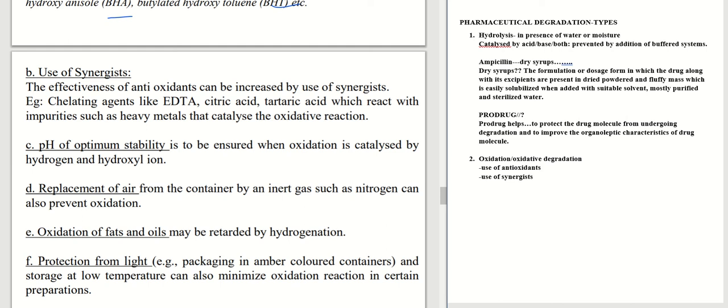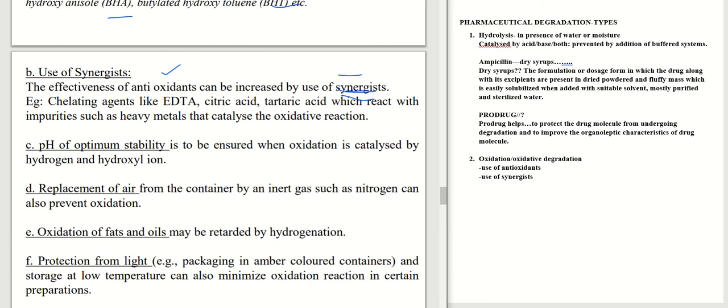The effectiveness of the antioxidant can be increased by the use of a synergist. The name itself indicates it shows a parallel action, the same action. Most of the synergists are chelating agents or complexing agents.